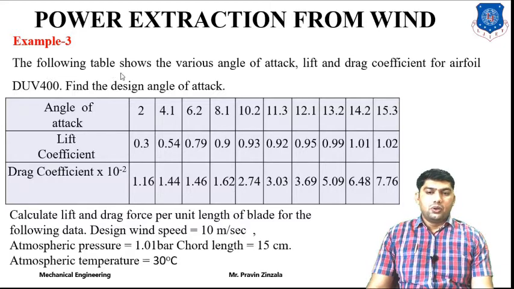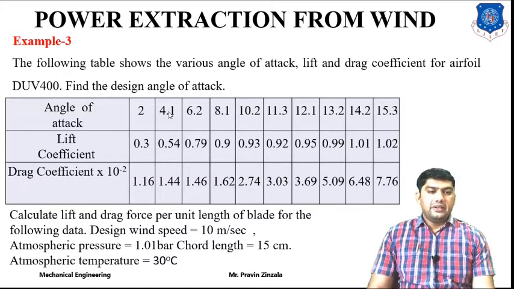The given data is the following table, which shows the various angle of attack, lift and drag coefficient for aerofoil DUV 400. Find the design angle of attack. So we also have to calculate the design angle of attack. Here the different values of angle of attack are given.